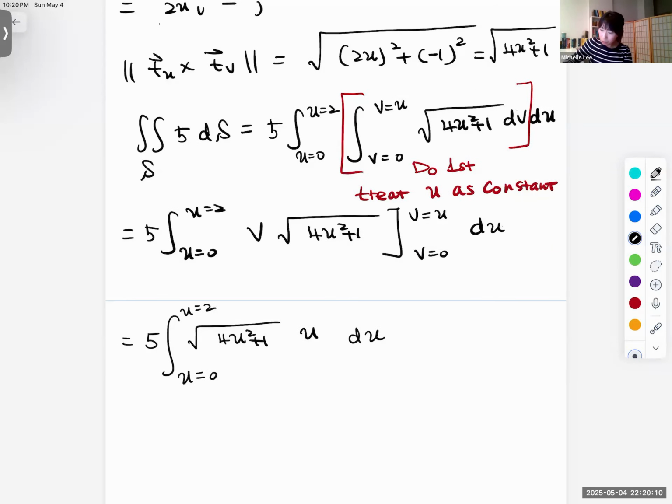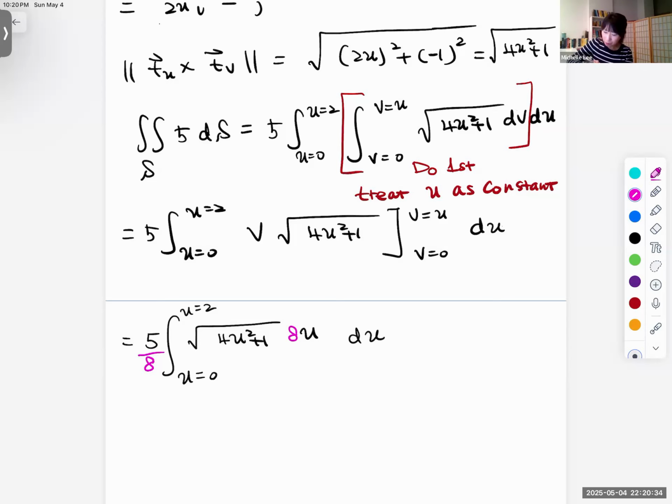So we integrate with respect to u. If you notice the derivative inside, we have 8u. We don't have the 8, so we put the 8 outside.